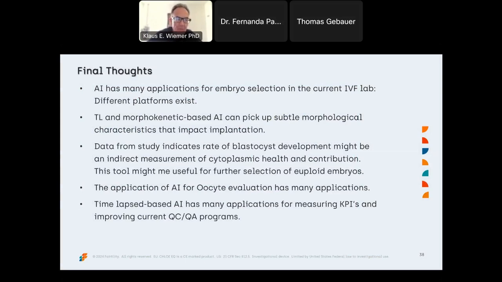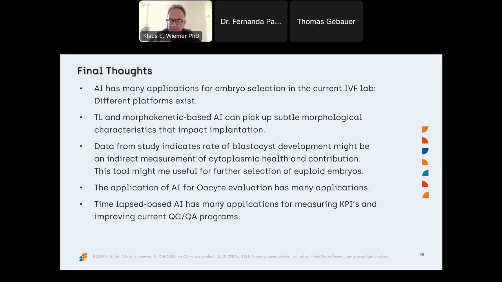But a few final words: I think AI has many applications for embryo selection in the lab, and there are many different platforms that exist. And I think it's great that there are all these different AI companies doing this. Time-lapse and morphokinetics pick up the subtle morphological characteristics that we weren't able to see.